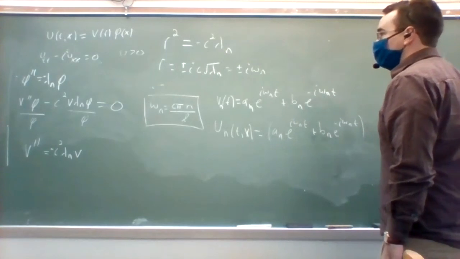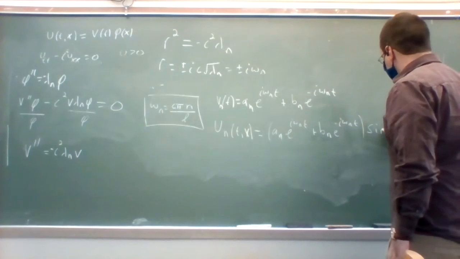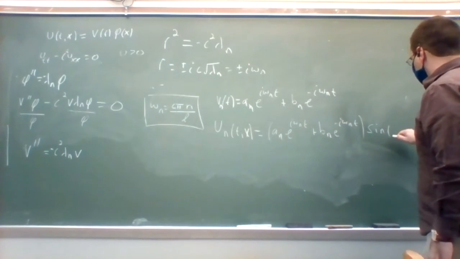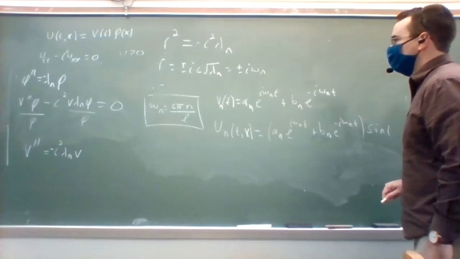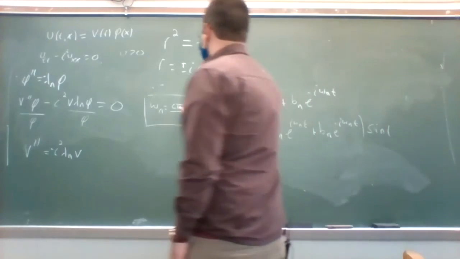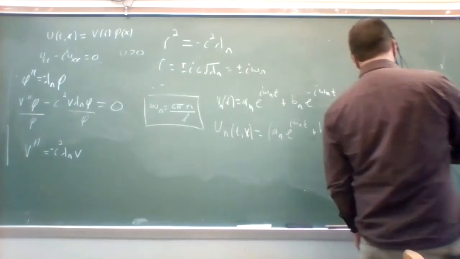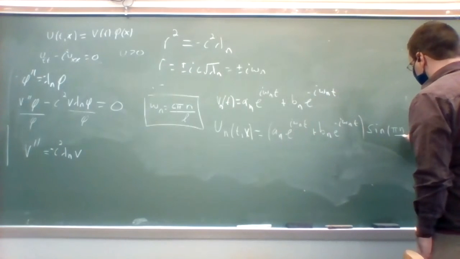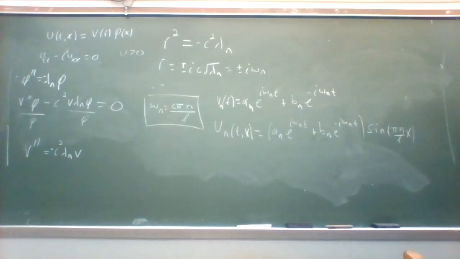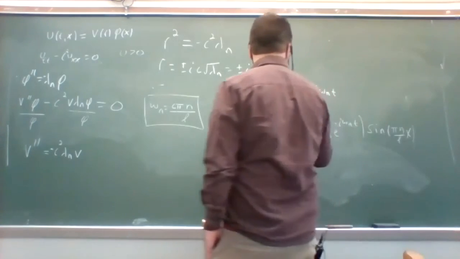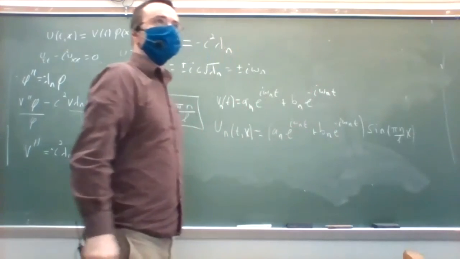All multiplied by sine of square root of lambda n, which is just pi n over L, times x. Oh, well, there's no need to add an extraneous constant.